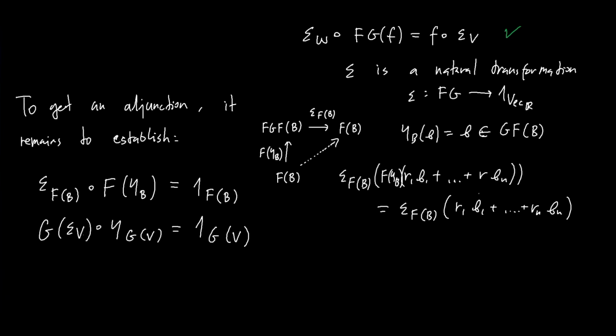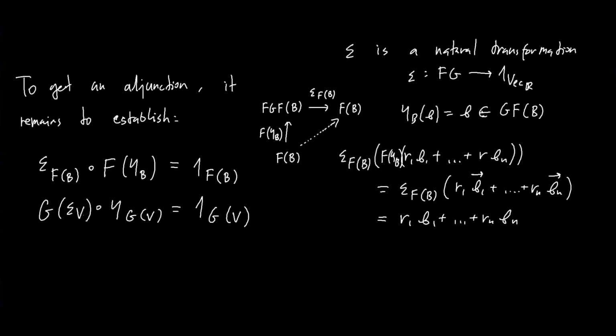So here I do need to write the bars. And then what epsilon does to this thing is to evaluate it. So I'll get this. And you see we ended up with the same thing we started with.